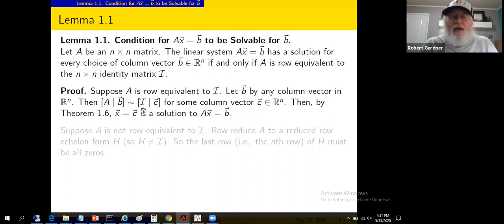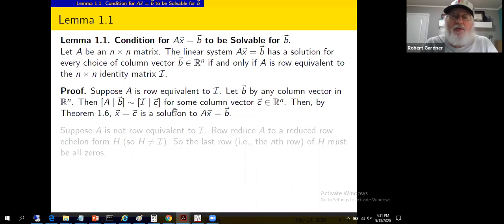Well, do you have a solution for the system of equations associated with this augmented matrix? Yeah. First unknown equals first component of C. Second unknown equals second component of C. Last unknown equals last component of C. X1 equals C1, X2 equals C2. So yeah, this has a solution.